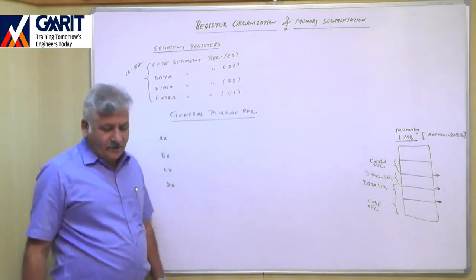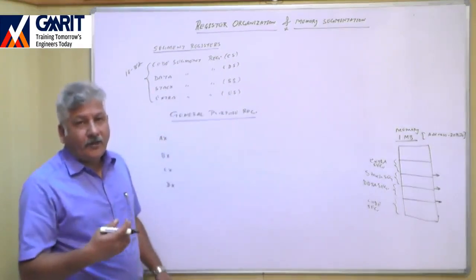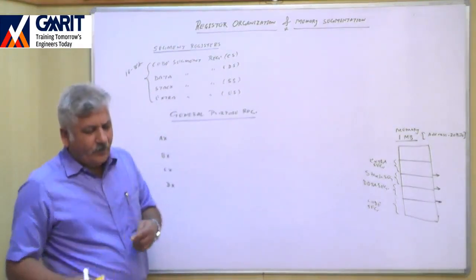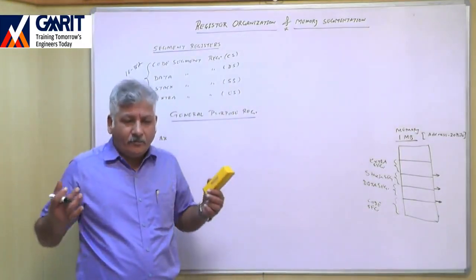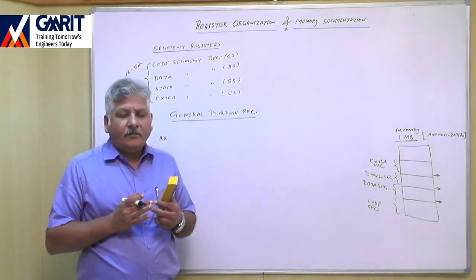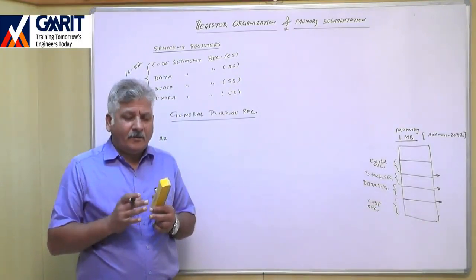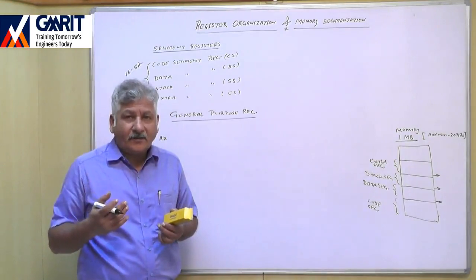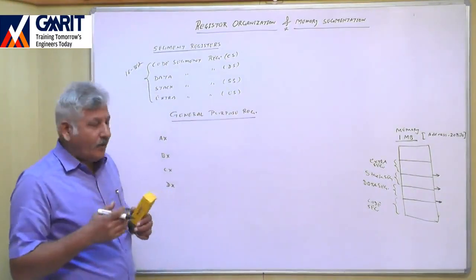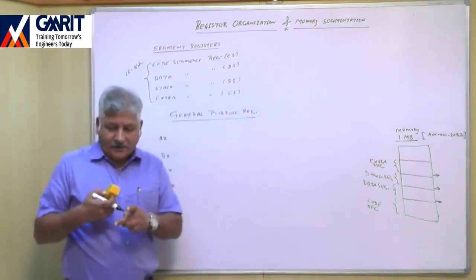These are called general purpose registers. When we require some arithmetic or logical operation or any other type of processing, we can store our data in these registers.